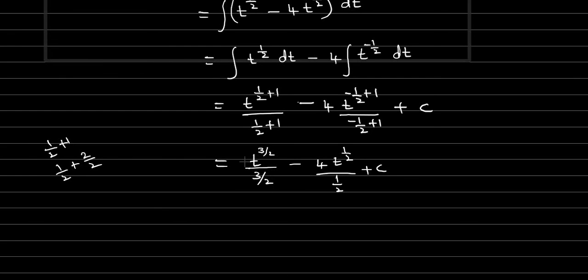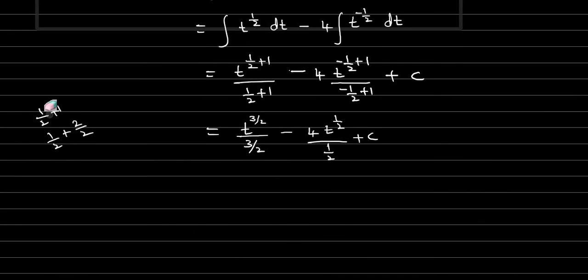Now the denominator's denominator, we can take it to the numerator. So what happens here? 2 by 3 t power 3 by 2 minus, this denominator if you take to the numerator, 4 into 2, 8. So 8 t power 1 by 2 plus c.